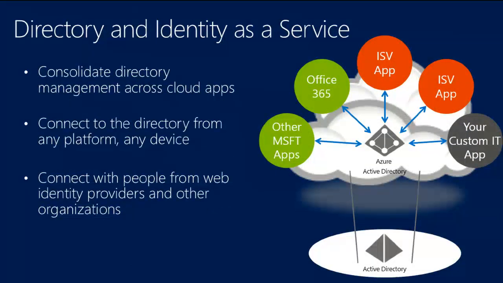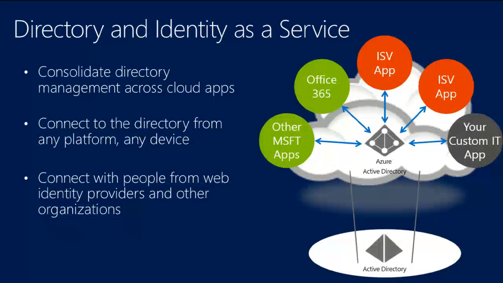So we kept building on that, and we gave it a name. The reason we gave it the name Windows Azure Active Directory was because it can now do more than just deal with Office 365 and Microsoft applications. You can build line of business applications against it that allow you to interact with and use that directory in the cloud, just like Office does.